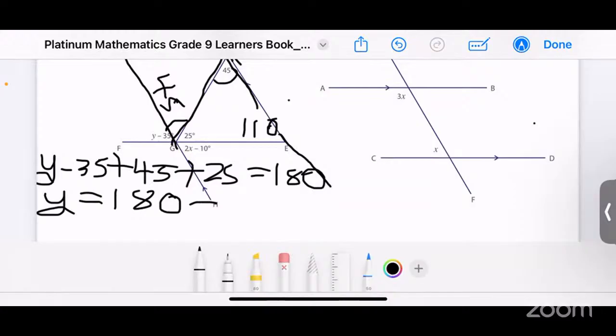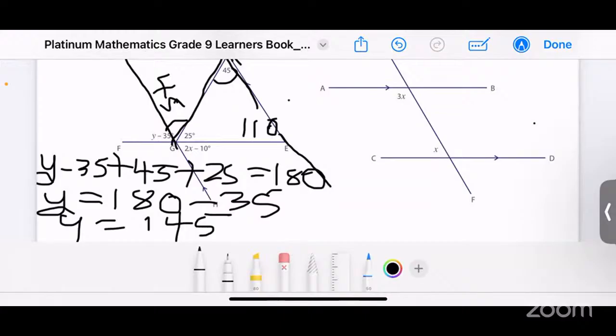If we are to add or subtract, y is now 180 minus 45 minus 35 plus 25, which is equal to 35. Y is what? 145.